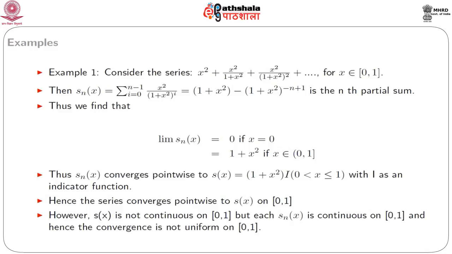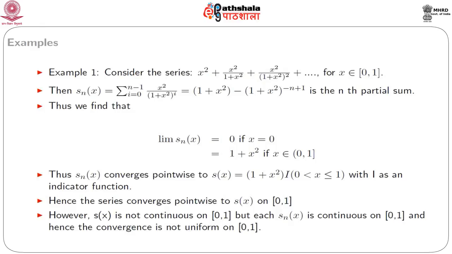So, let us consider some examples. First consider the series defined by x squared plus x squared by (1 plus x squared) plus x squared by (1 plus x squared) whole squared and so on, for x belonging to the closed interval [0, 1]. Then in this case Sn(x) comes out as 1 plus x squared minus (1 plus x squared) to the power minus n plus 1, and this is our nth partial sum.